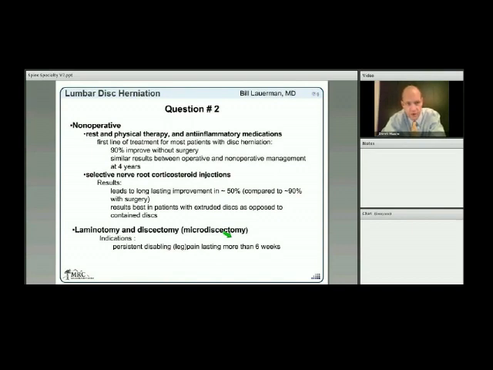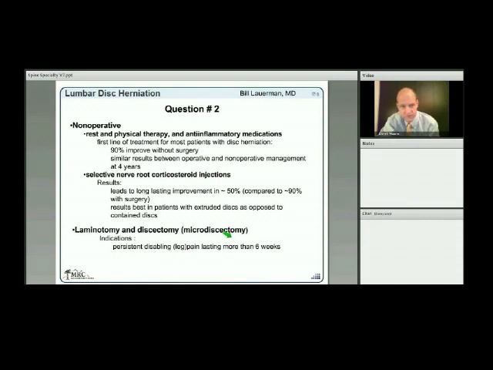The modalities you want to use are rest, physical therapy, and anti-inflammatory medications. 90% of these patients will improve without surgery, and this has been shown in several studies, both old and new. Of course, most recently the SPORT studies, although they show some improvement with surgery at 4 years, show the results of non-surgical versus surgical treatment for lumbar disc herniation are pretty much the same.